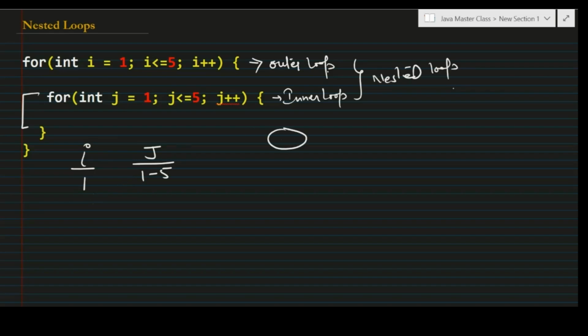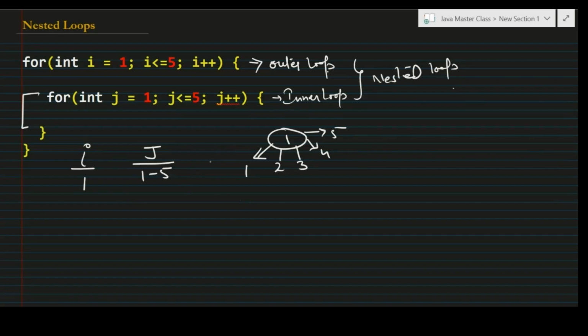So if our first iteration is starting for the outer loop, then all the steps in the inner loop will be executed. The inner loop values are 1, 2, 3, 4, and 5.